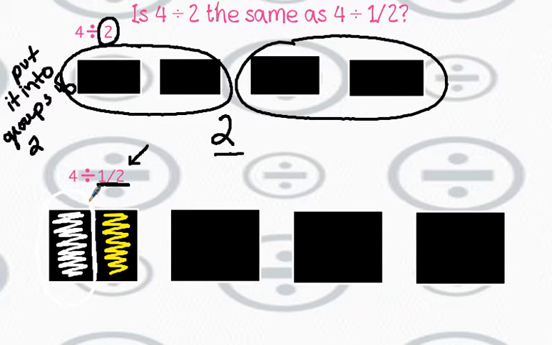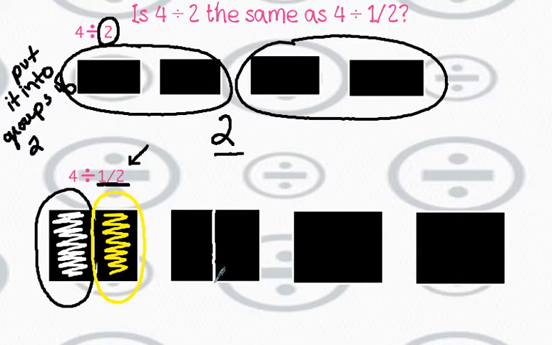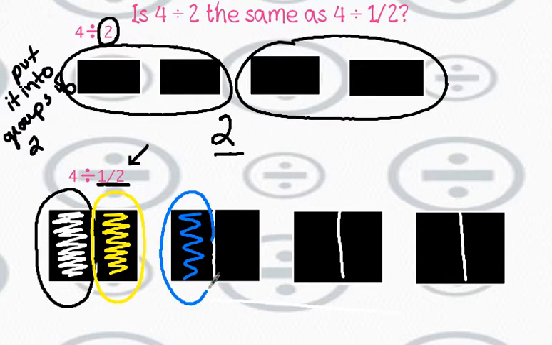So here's half of a piece, and let's make that a little bit better of a circle there. So there's half of a piece. Here's another half of a piece. Since we're taking each of these and splitting them in half, here I've already got 2, and I have a lot more pieces to go. So here's 3 groups, 4 groups, because 1 half of a piece makes a whole group.